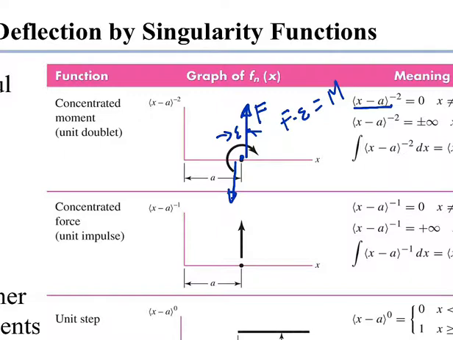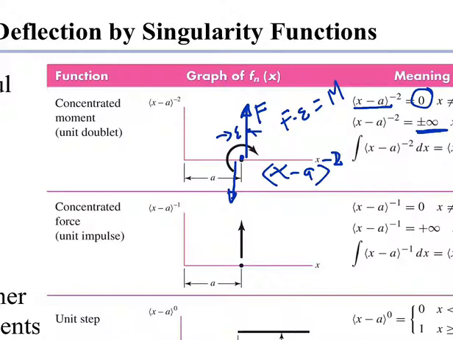The meaning of this expression is that it does exist only at x equals a, and it doesn't exist anywhere else. So the value of the function is 0 anywhere else, and at x equals a, it goes to plus or minus infinity, because you have like 2 delta functions in here.